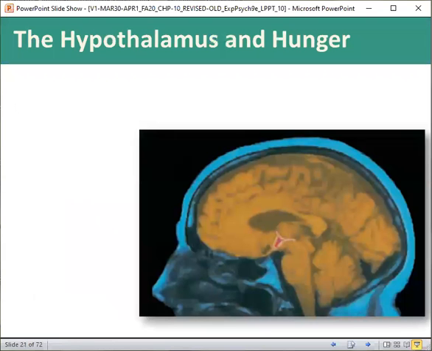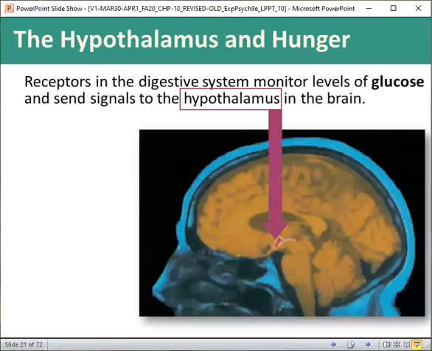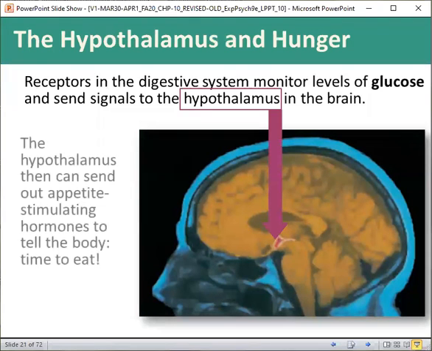Now, what's going on in the body when this is occurring? Let's look back to a part of the brain that we discussed previously, the hypothalamus. Receptors in the digestive system, your guts, monitor levels of glucose or blood sugar and send signals to the hypothalamus in the brain. So the hypothalamus then can send out appetite stimulating hormones to tell the body it's time to eat.